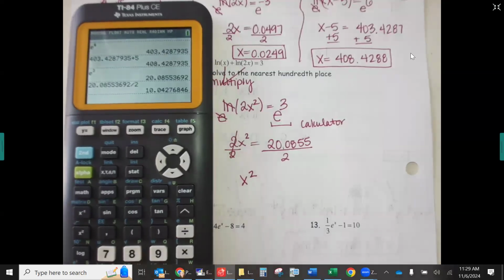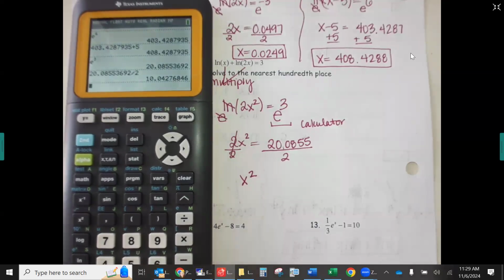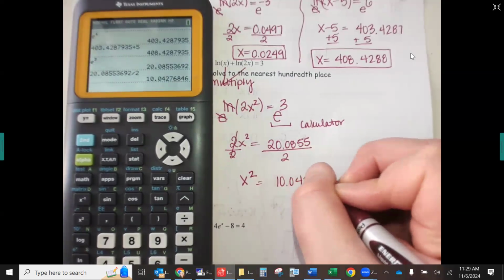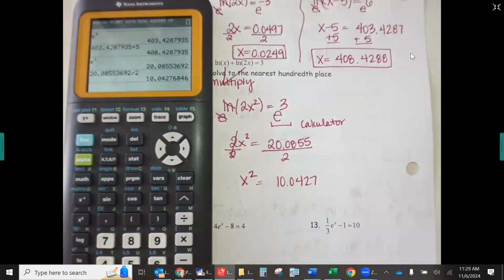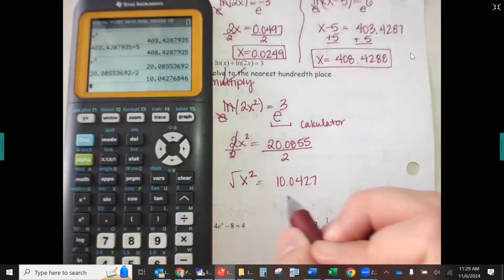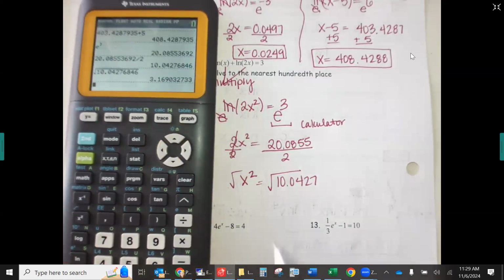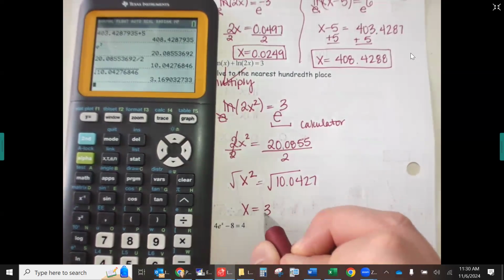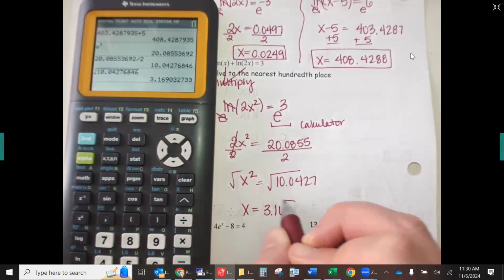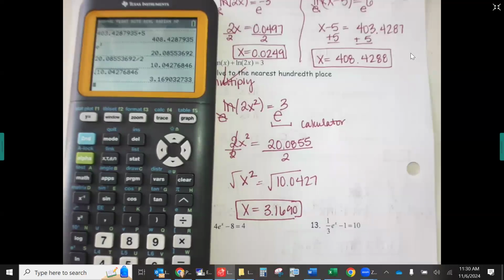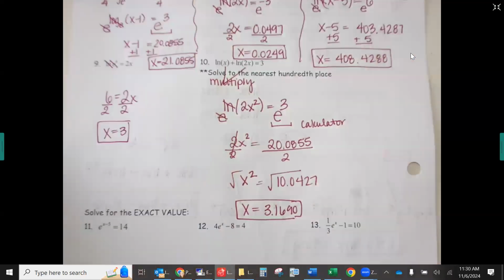Don't shorten until the very end, or you're going to get a bunch of rounding issues on your homework. Okay, then it's 10.0427. What's the last step? Square root. Then if you don't want to type the number in, just go up and push enter on it. It'll put it into the box for you. So x equals 3.169.